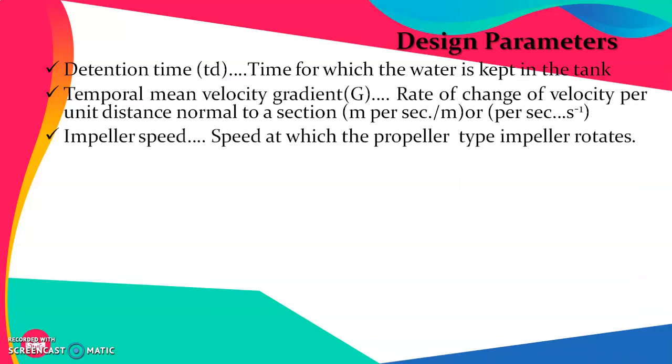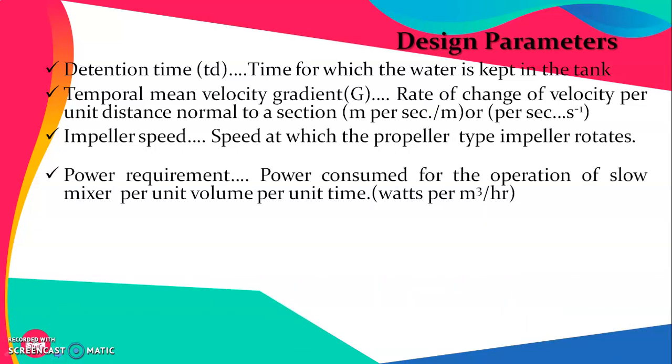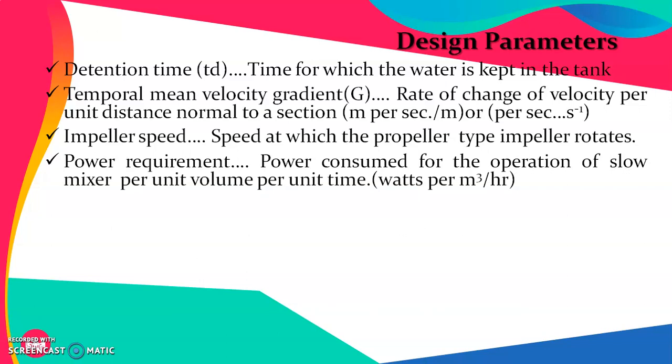Next is the impeller speed. It is the speed at which the propeller type impeller rotates. These rotating impellers are fixed with blades which help us to rapidly mix the coagulant with raw water, which is helpful for achieving the sedimentation of fine particles. Then the power requirement.